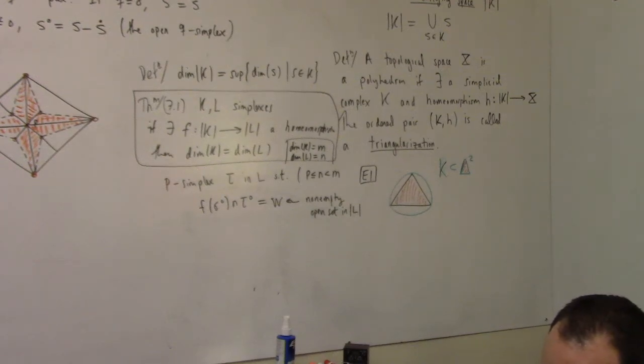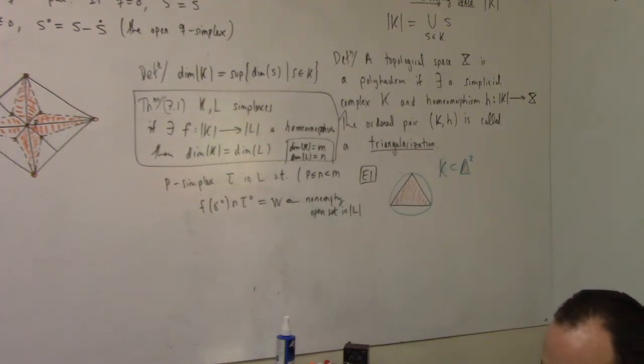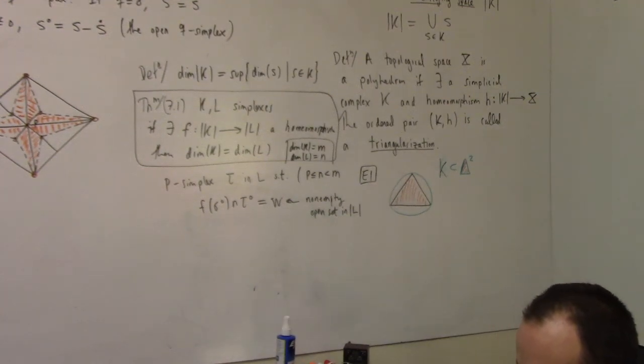This homeomorphism we just introduced, the inverse image of W, is an open subset of the interior of delta M. And since P is less than M, there exists an embedding of the P simplex into the interior of the M open simplex, such that the image of G contains no non-empty open subsets of that. So both U and G of W are homeomorphic subsets of the interior of the M simplex.